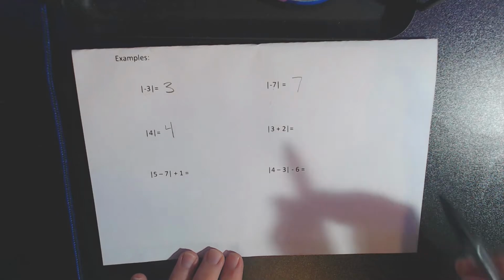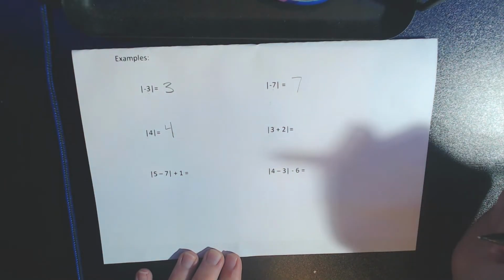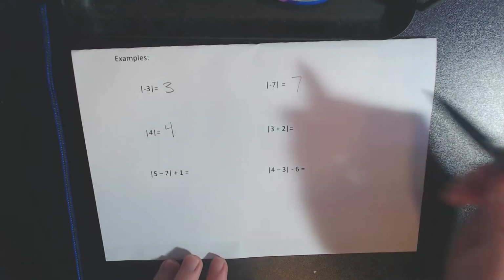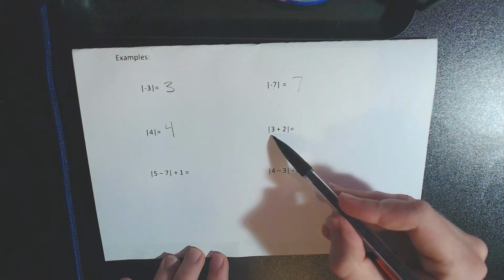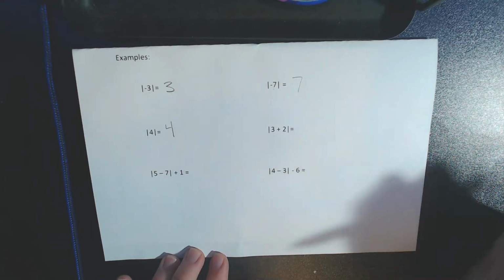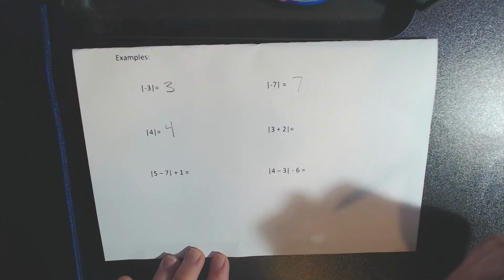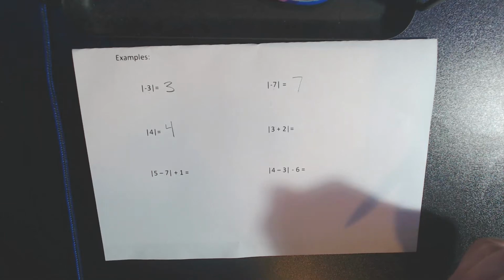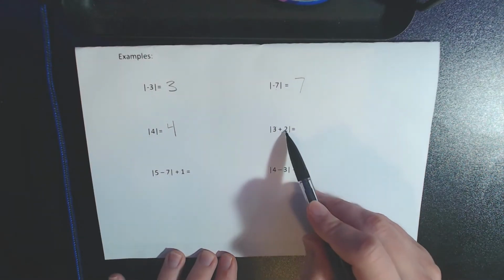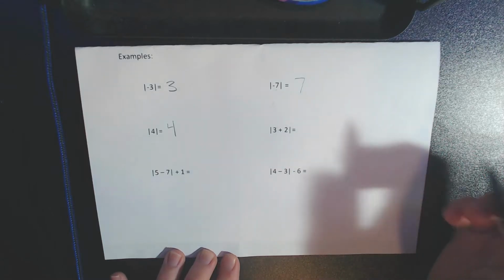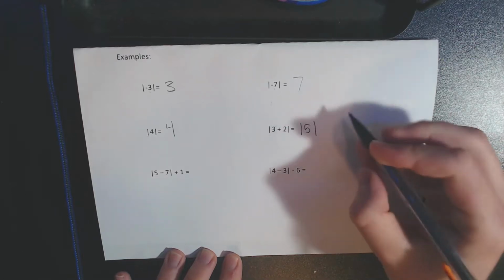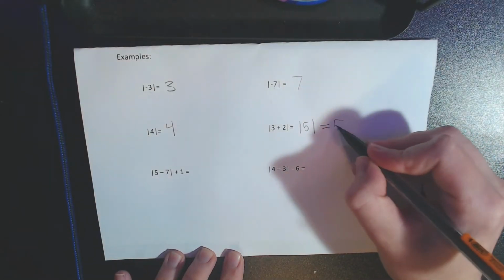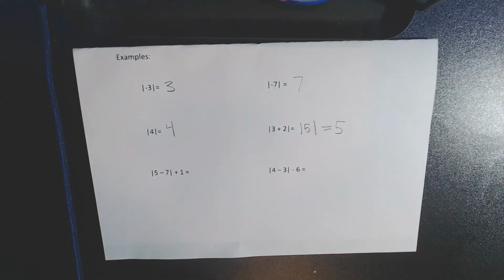We are going to do whatever is inside the absolute value bars first, and then we'll do anything on the outside. So we start by adding those two numbers. 3 plus 2 is 5. And then we're doing the absolute value of 5, which is just 5, because 5 is already positive.